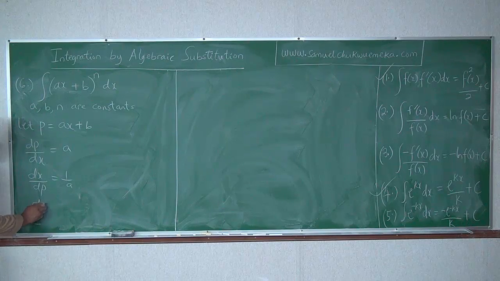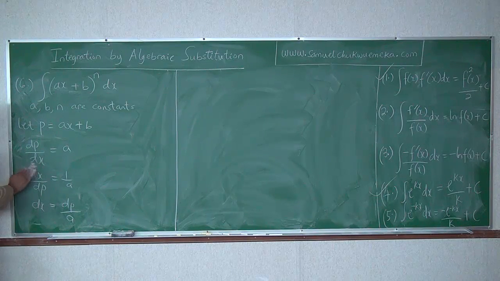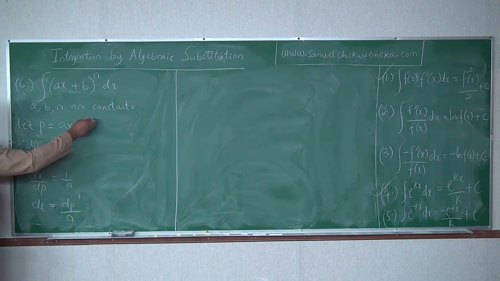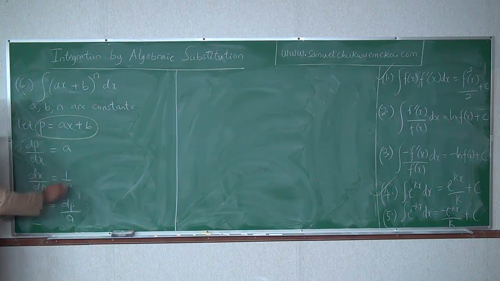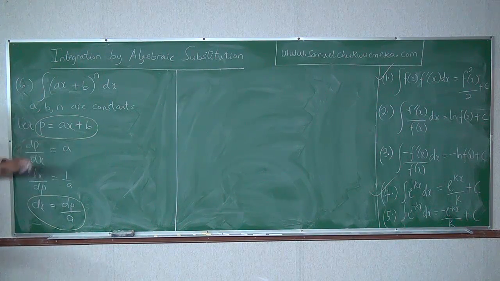So our dx is dp over a. I will circle this. I will need this, and then I will need this here. The first and the last one here.